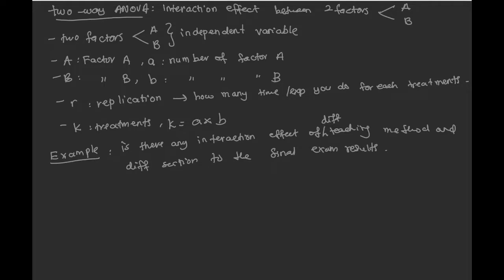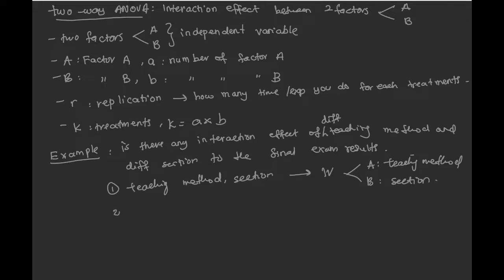Okay, so I have teaching method and I have section. So these will be my independent variables, where factor A is teaching method, factor B is the different section, and I have the exam results, which will be my dependent variable.